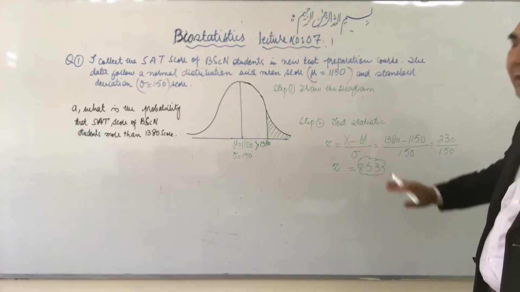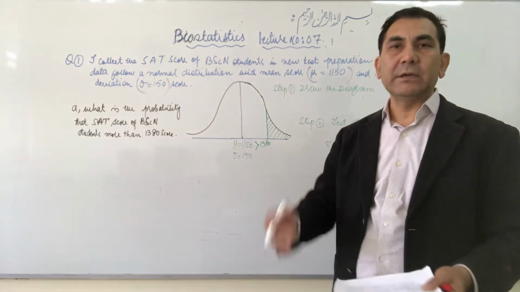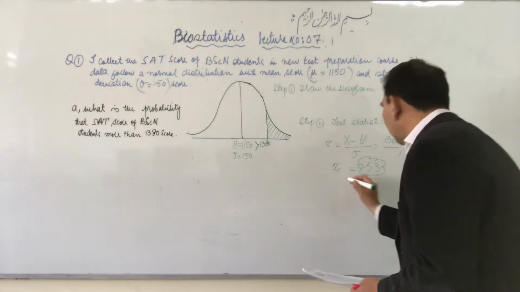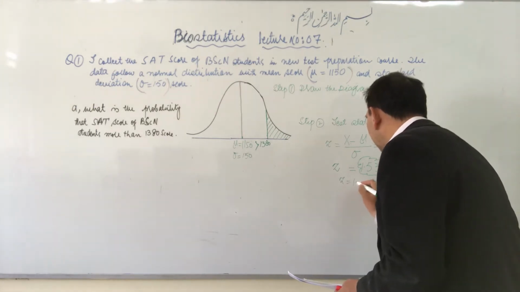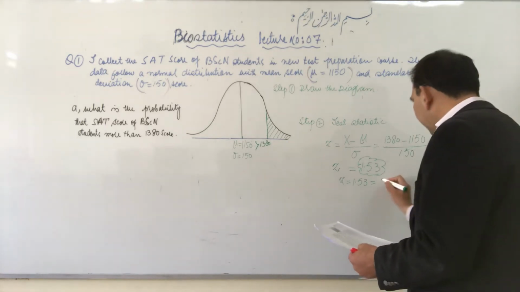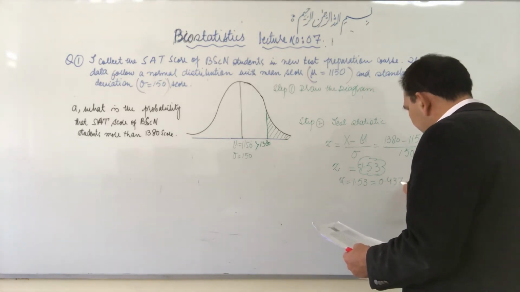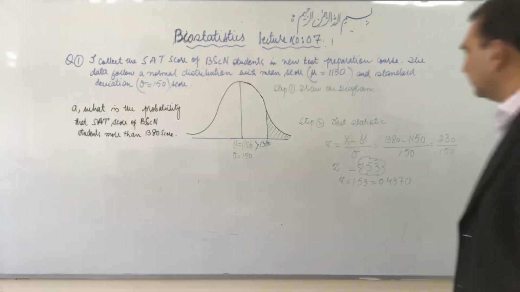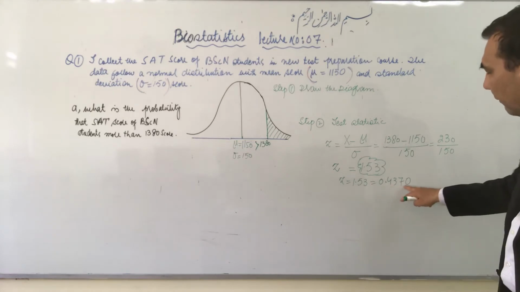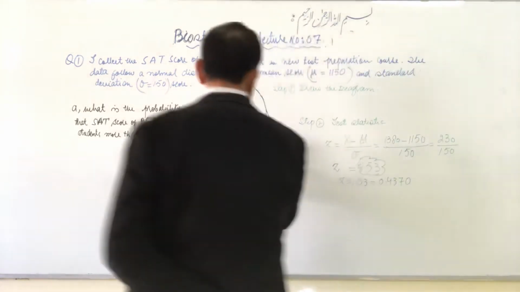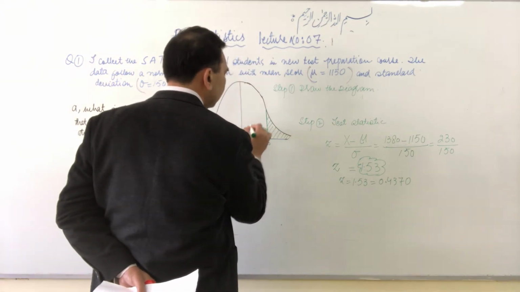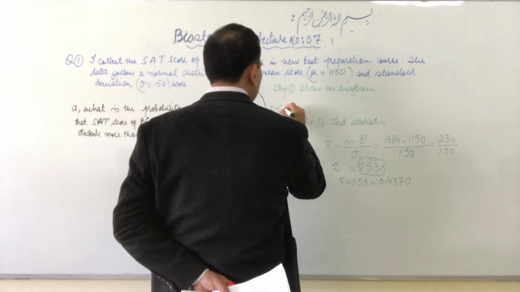We find the probability area for a Z of 1.53 in the Z table, which is 0.4370. This is the area measured from here to here.